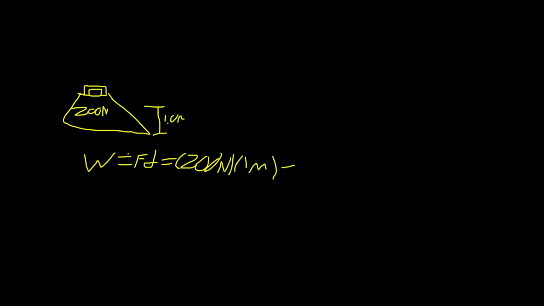So you're going to lift it up this distance. You'll have a work of force times distance, which equals 200 newtons times 1 meter, which gives us 200 joules of work.